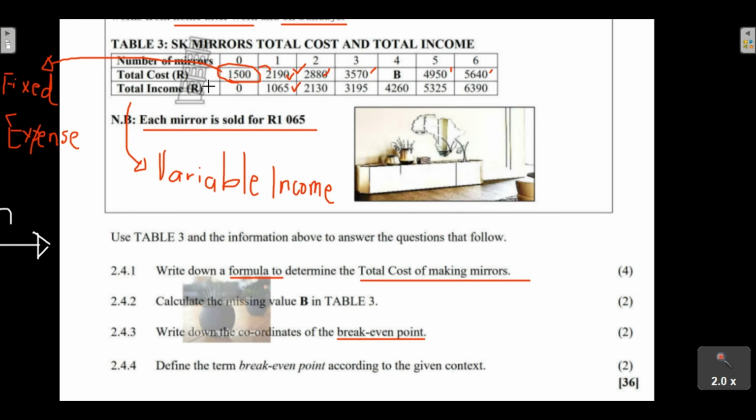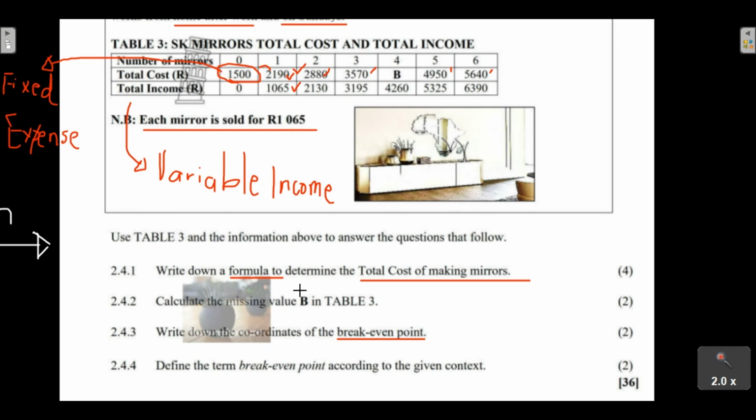As we can see from zero, going this way, the total cost is actually more than the total income. And at five, when he sells five mirrors, his total income is actually more, so he makes a profit here, and from five going all the way.